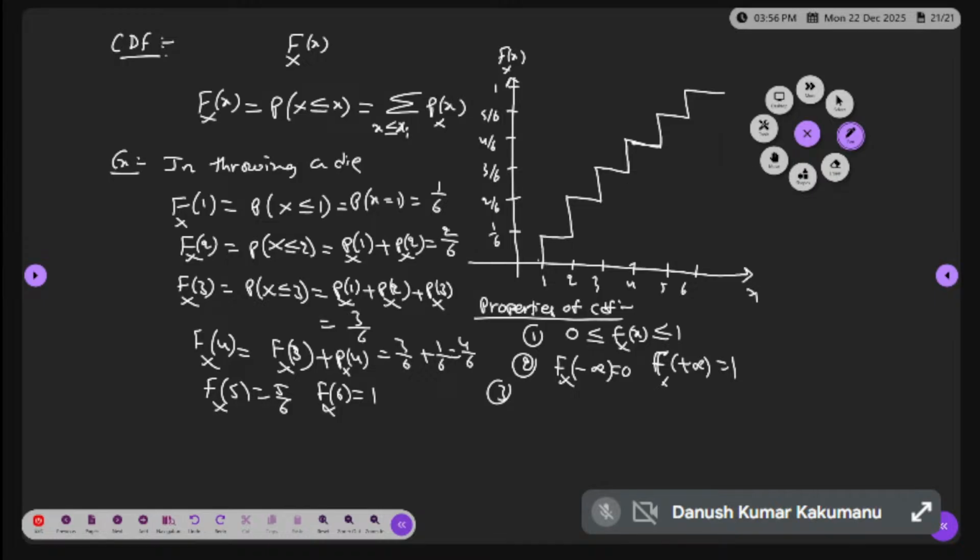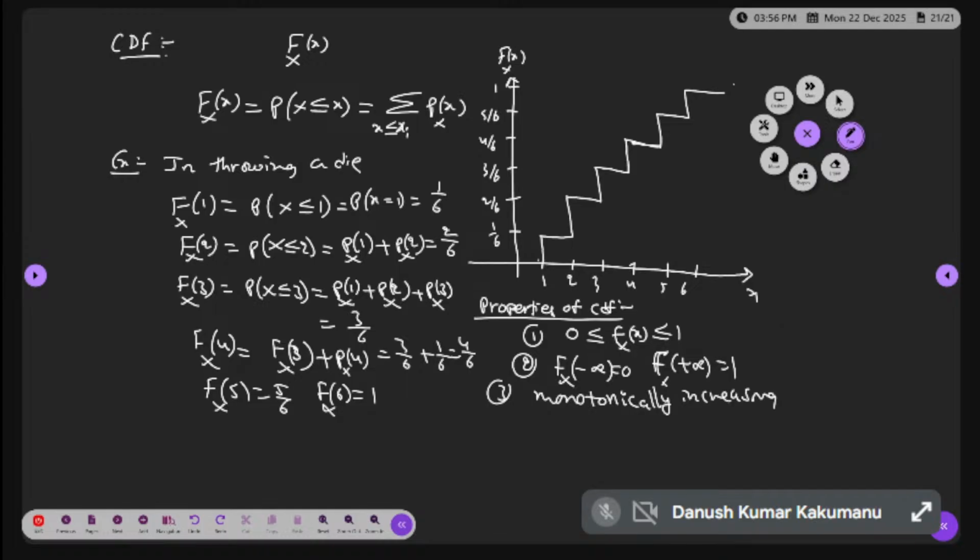You are all understanding? Apply that property, write down the third property. It is a monotonically increasing function. CDF third property: it is monotonically increasing.